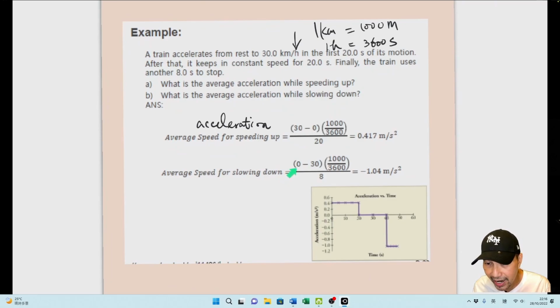So at the finish point it is 0 minus 30, times 1000 over 3600, the same as this part. We just change the unit, but the time here is 8 seconds. Over 8 seconds, we have a negative acceleration, negative 1.04 meters per second squared.